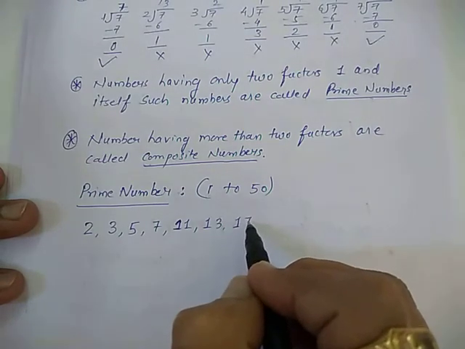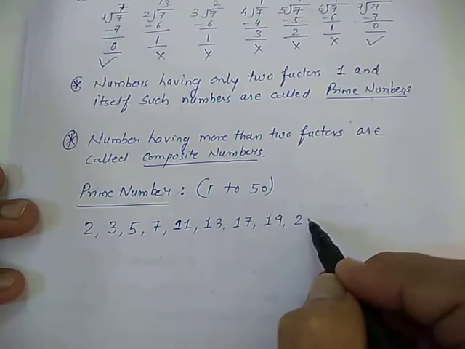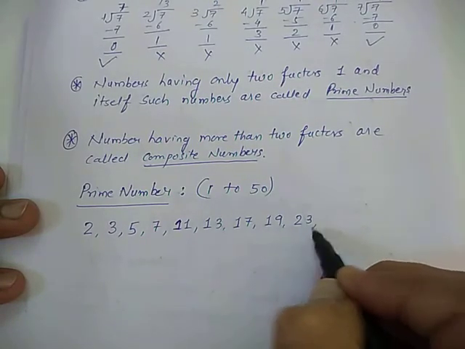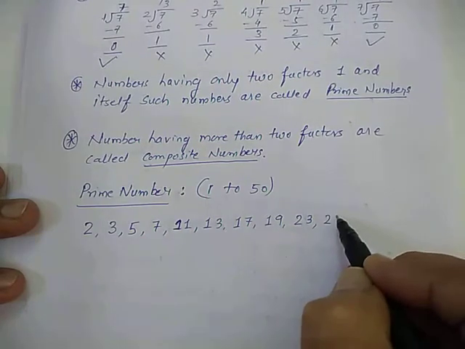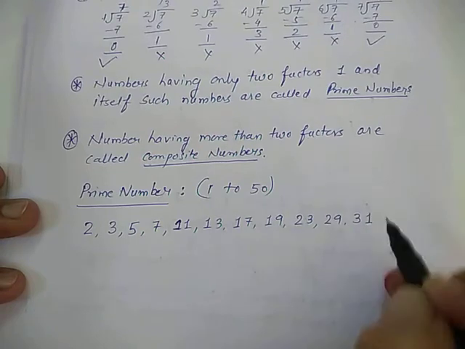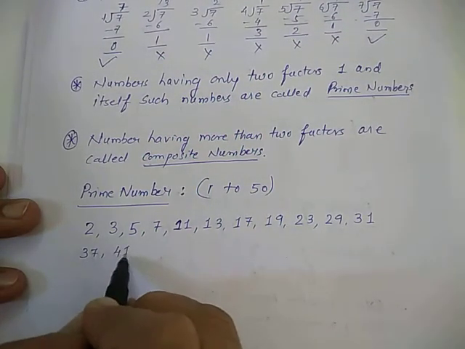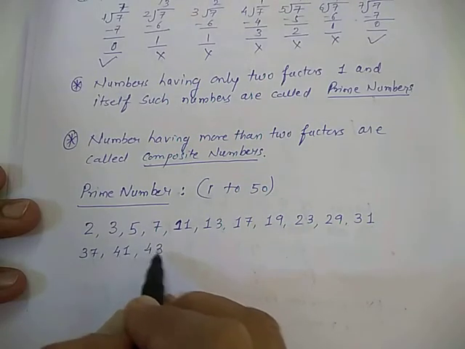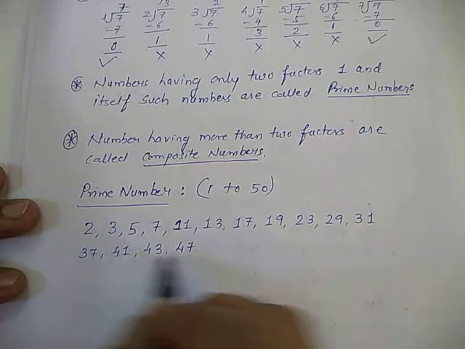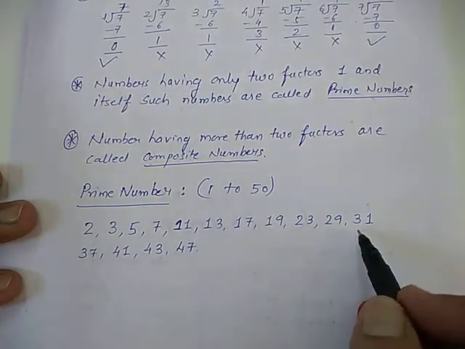No. 17, then 19, then 20 no, 21 no, 22 no, 23, then 29, 31, 37, 41, 43, 47. So these are the numbers, and continuously we can proceed further than that also.